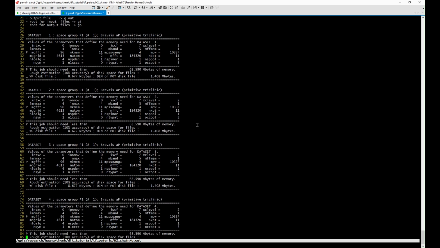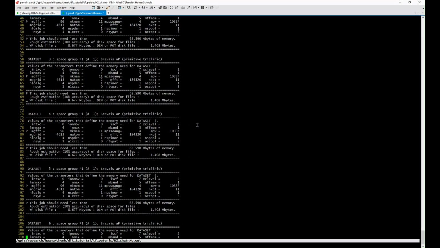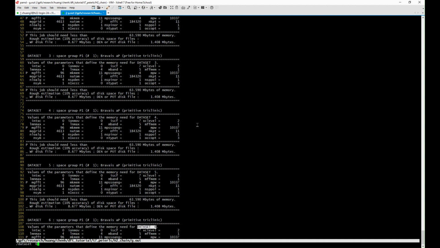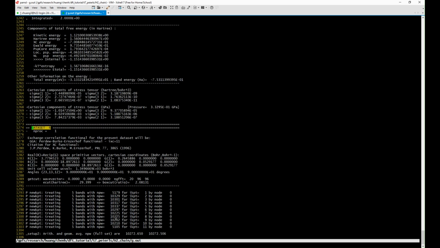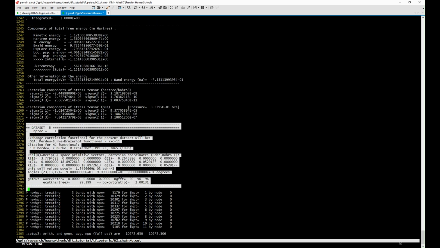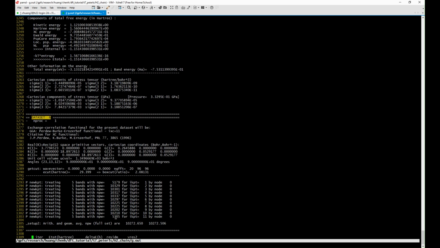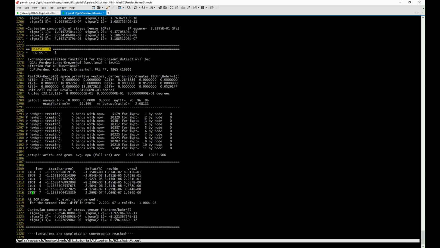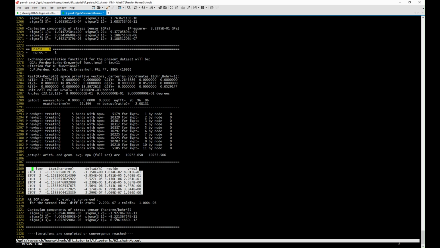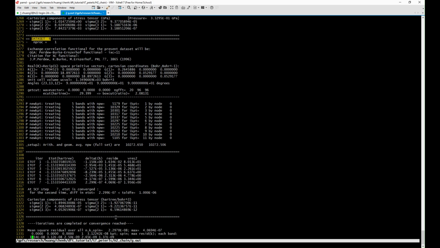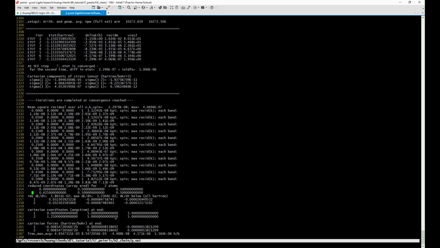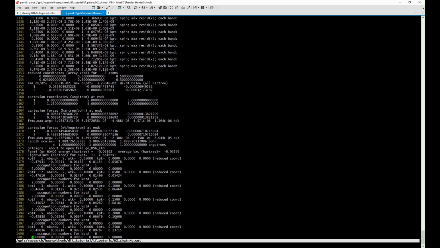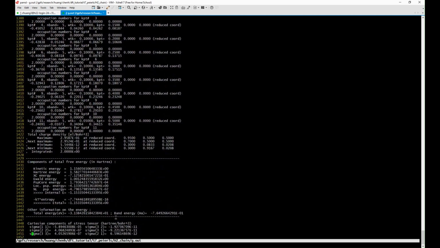And the D minimum position is close to data set number 6, which means that I'm just searching for data set number 6 in this output file. Okay, so this is the result for data set number 6. And you can see the self-consistent calculation of Kohn-Sham DFT here. At the end, ABINIT is going to print out the eigenvalues for all the k points for all the bands.